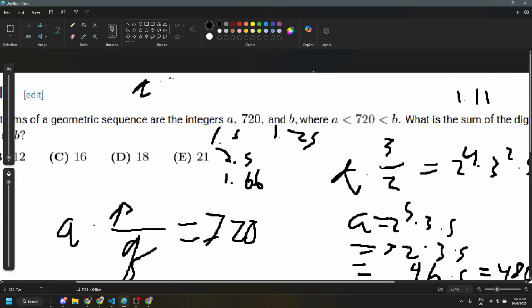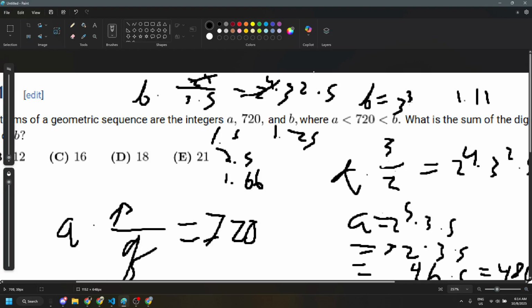So A times 16. No, let's just do B. B times 2 to the 4 over 2 over 3 times 5 is equal to 2 to the 4 times 3 squared times 5. The 5's don't cancel out. 2 to the 4 cancels out. So B is equal to 3 to the 3 times 5 squared.